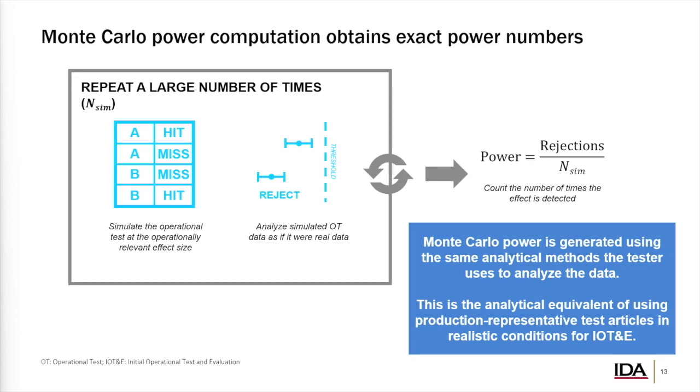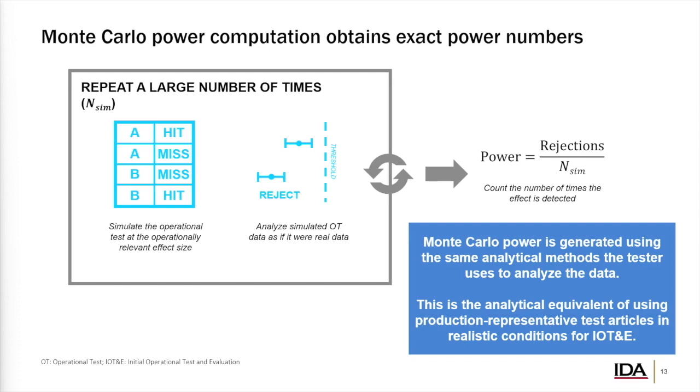And you repeat that process over and over and over again, and just simply count the number of times the tools that you're planning on using in your final analysis are able to actually detect that effect. And that link between the power analysis and your actual analysis gives a very strong analytical basis for the accuracy of these numbers, because they're being generated using the tools you will end up using for your actual analysis.